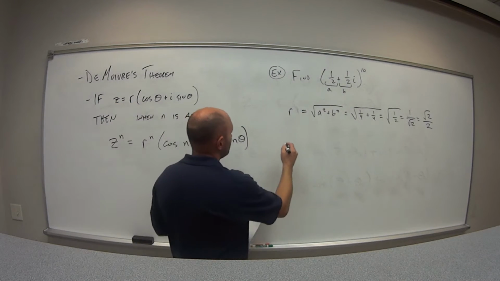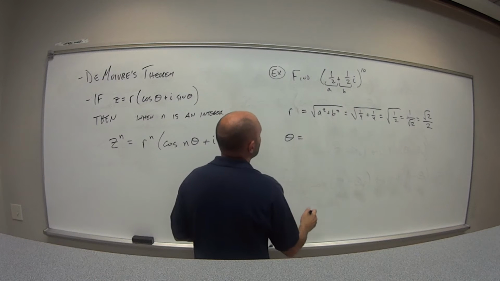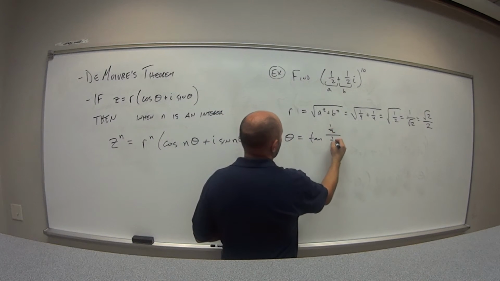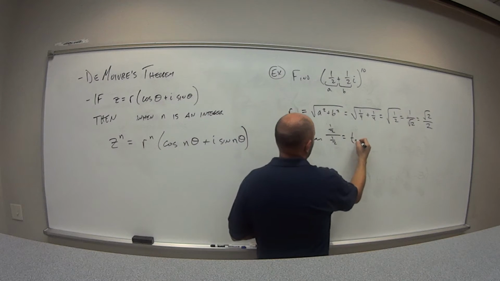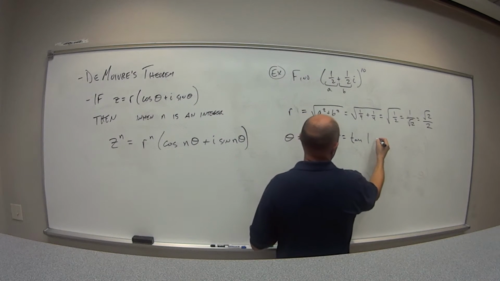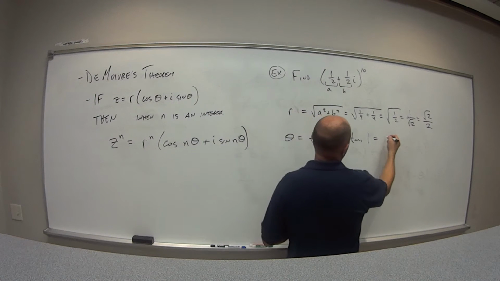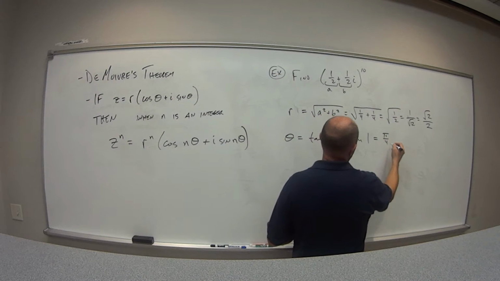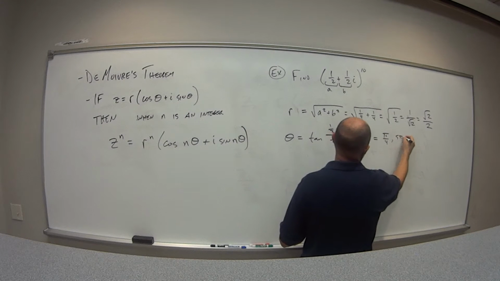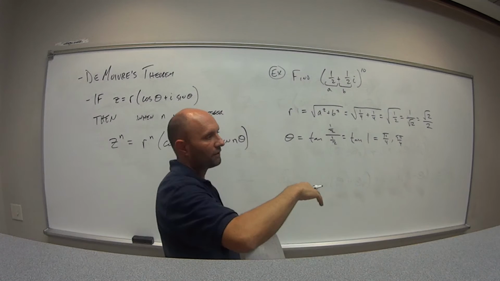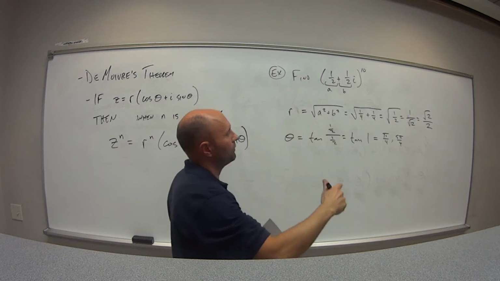Our theta is the tangent of 1/2 divided by 1/2, which is tangent of 1. So that would be either pi over 4 or 5 pi over 4. But where does this point lie? 1/2 positive, 1/2 up, that's in quadrant 1.